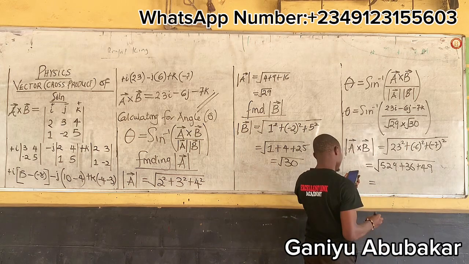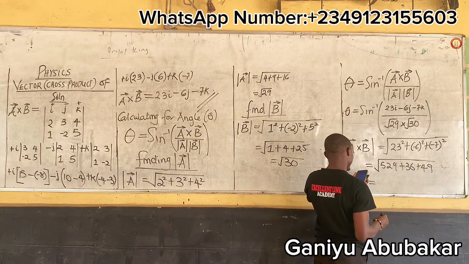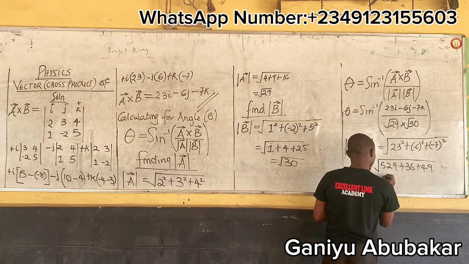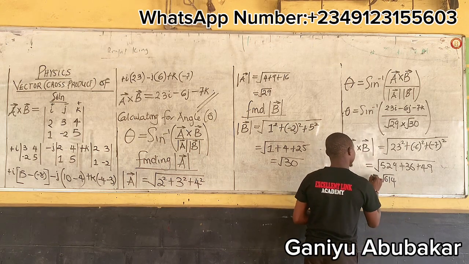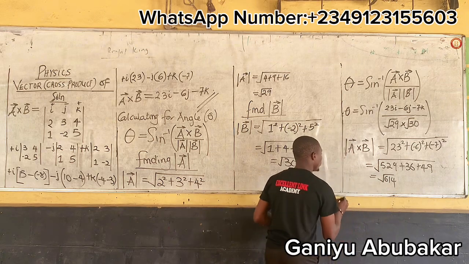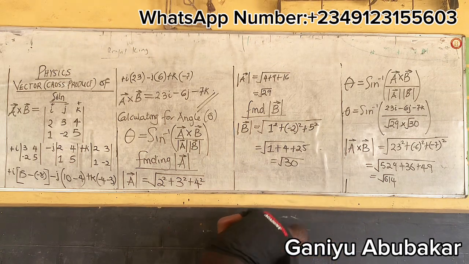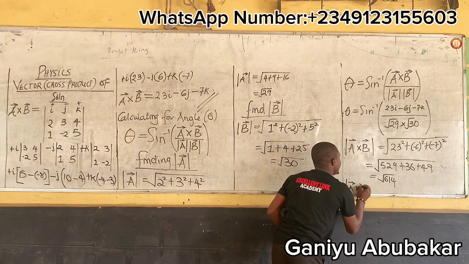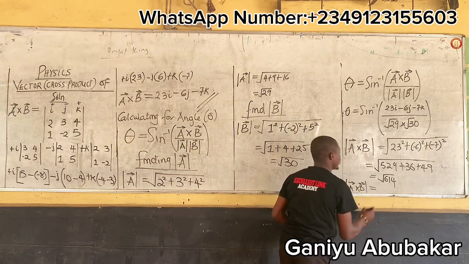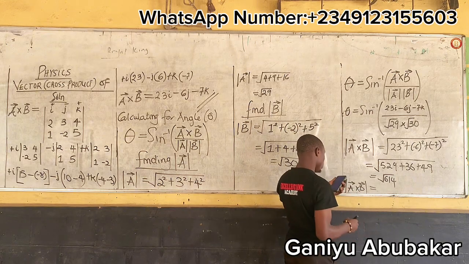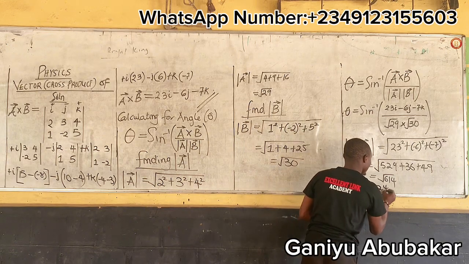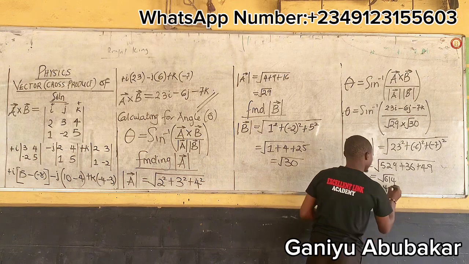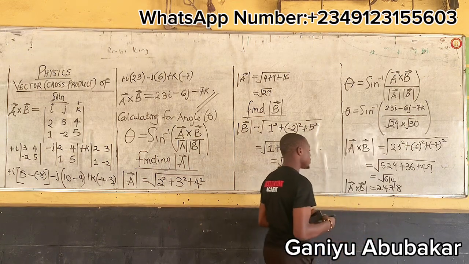I'll have root 614 as my answer, right? So therefore the magnitude of the cross product of vectors A and B will be equal to root 614, that's about 24.78. So this is my answer.